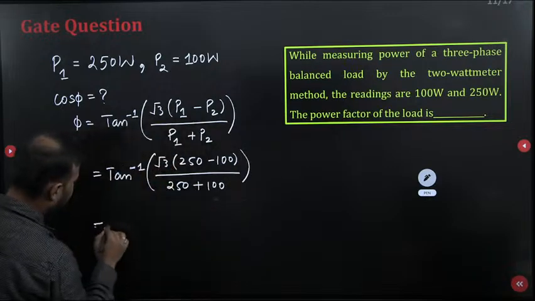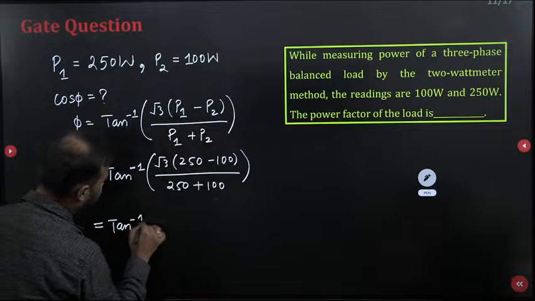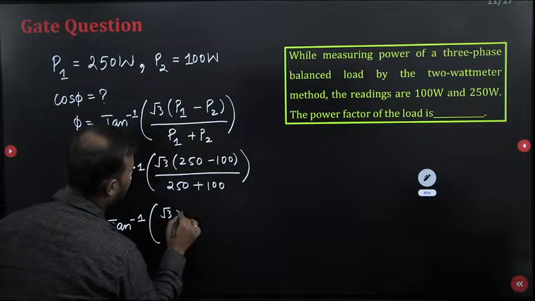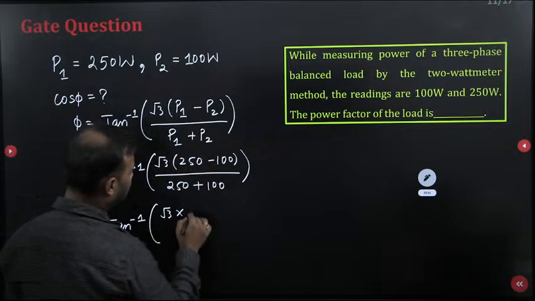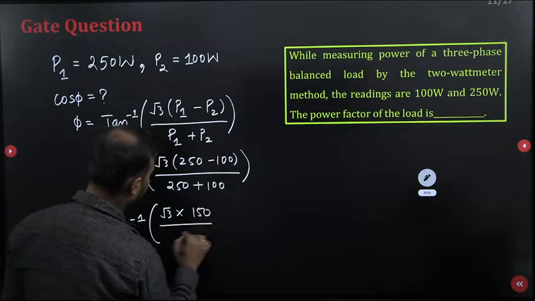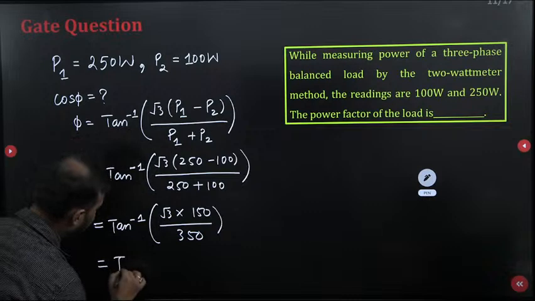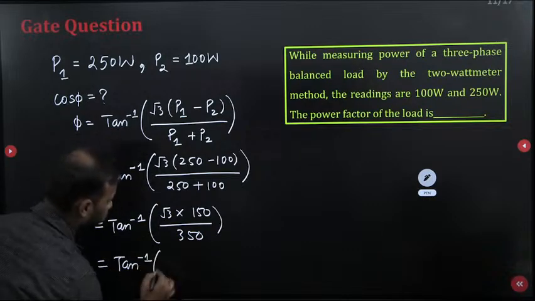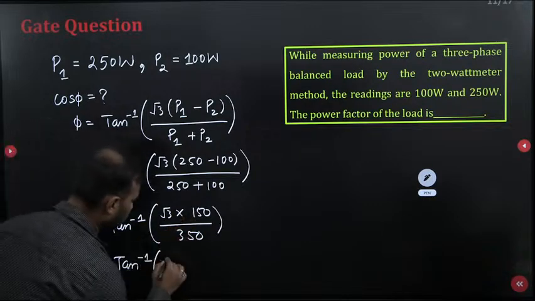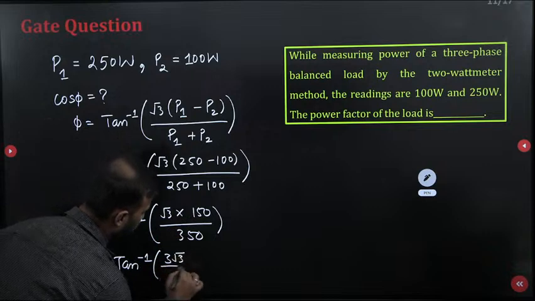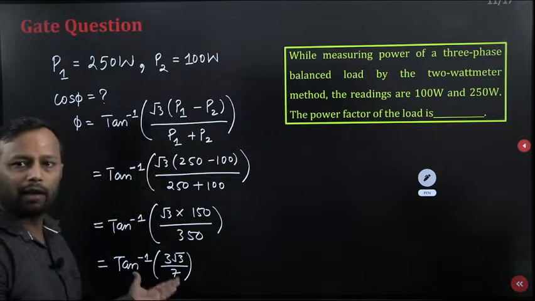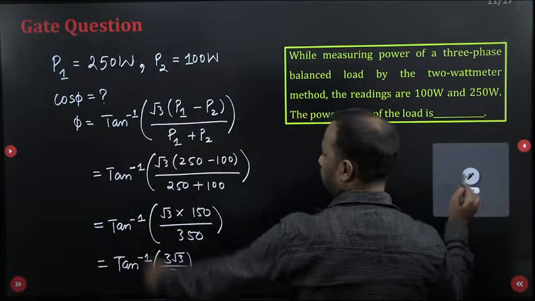So let us see what we are getting. Tan inverse, this will be root 3 into 250 minus 100, which is 150, divided by 350. So we are getting tan inverse 3 by 7, so 3 root 3 by 7. Okay, so we have got the phi, that is the power factor angle.